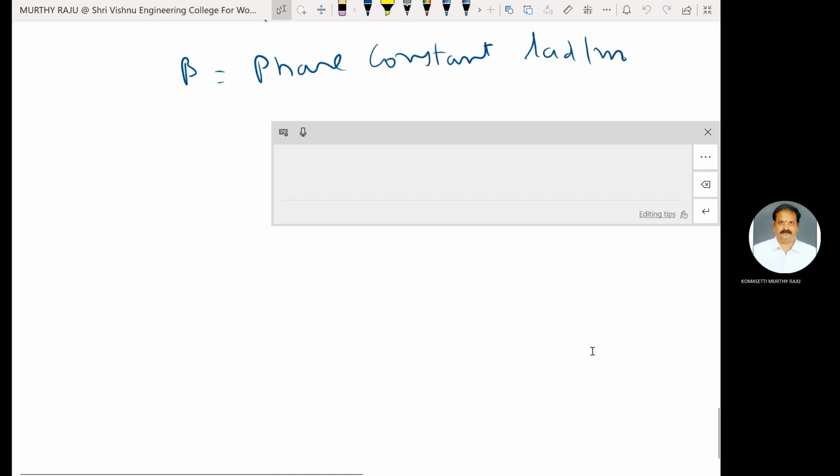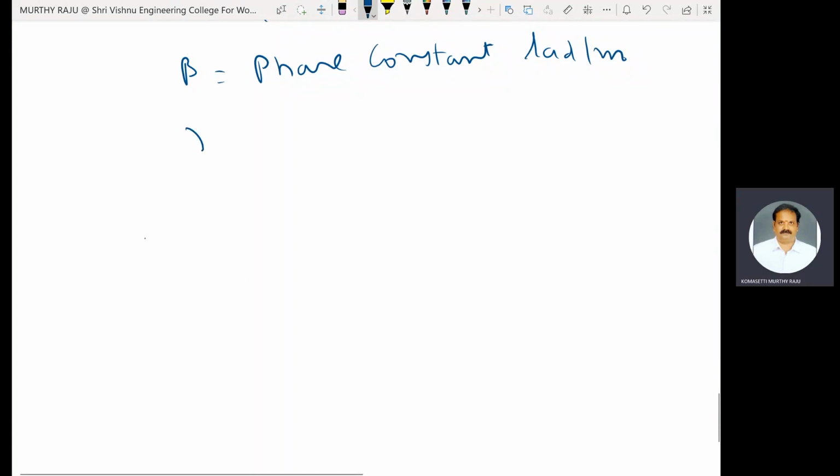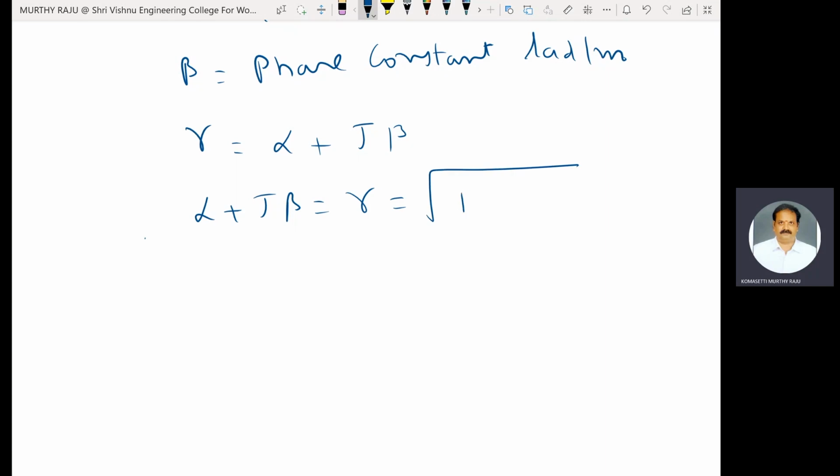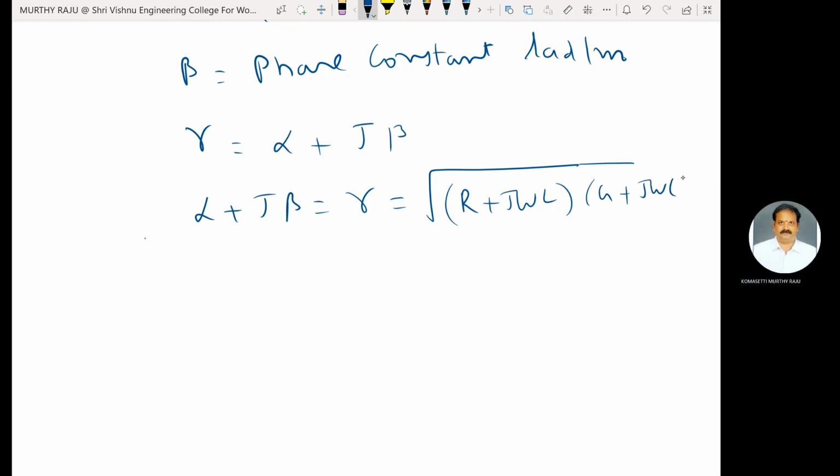Gamma is equal to alpha plus j beta, which is equal to square root of (R plus j omega L) into (G plus j omega C).